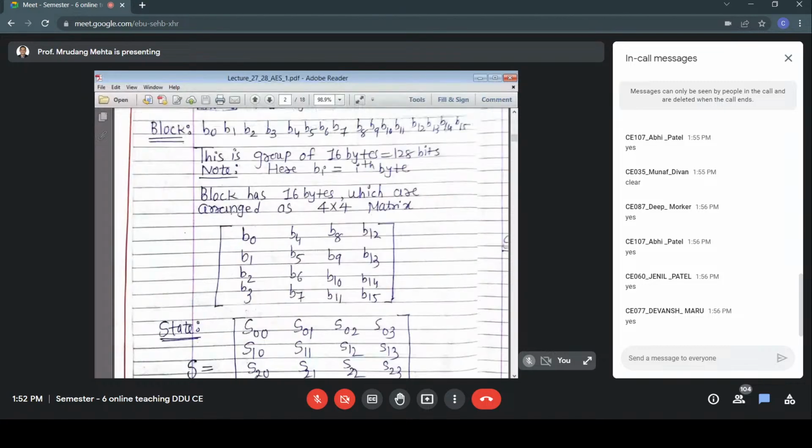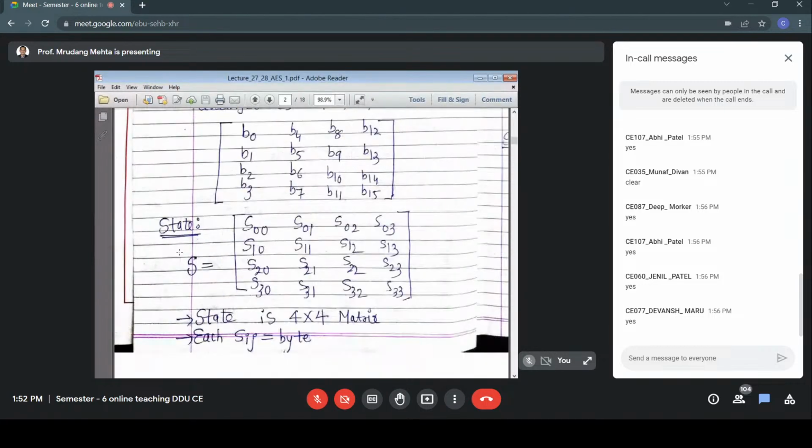And to represent this block as a state, there is another methodology. We can rewrite this block as a state by writing S00, that means 0th row, 0th column. First row, 0th column. Second row, 0th column. Third row, 0th column. Now each one is a byte, so 8 bits.